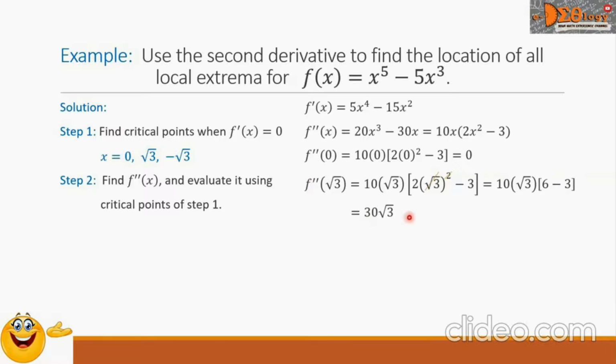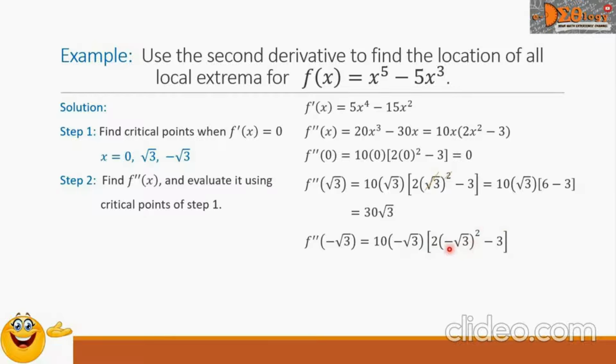Next, let us evaluate f double prime of negative square root of 3. This is now equal to 10 times negative square root of 3 times the quantity 2 times the square of negative square root of 3, then minus 3. We can simplify the expression by cancelling the radical and the power 2.